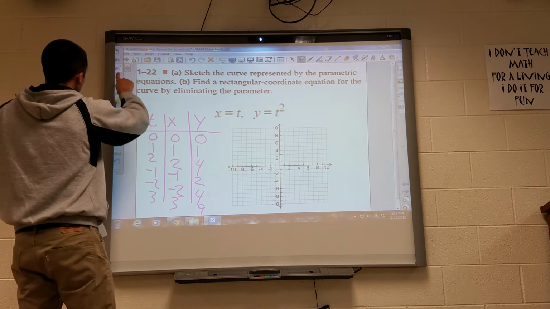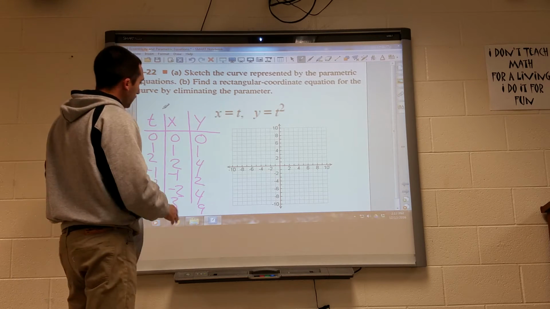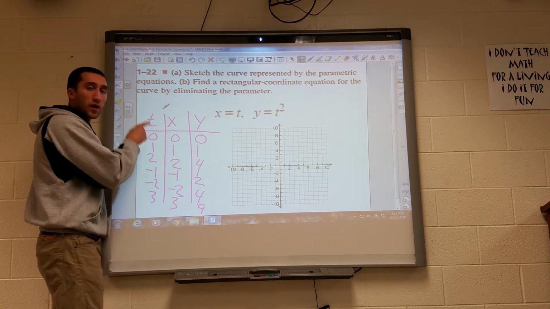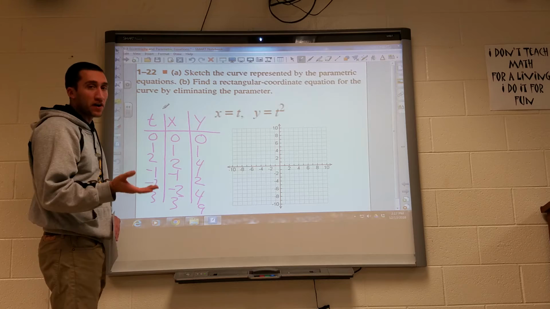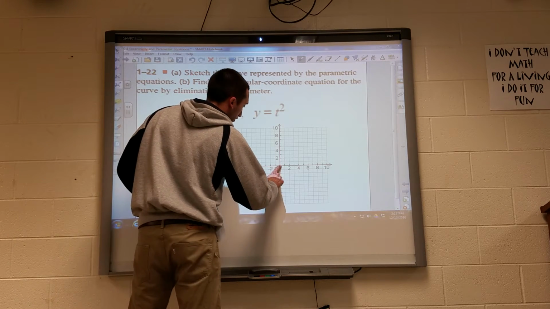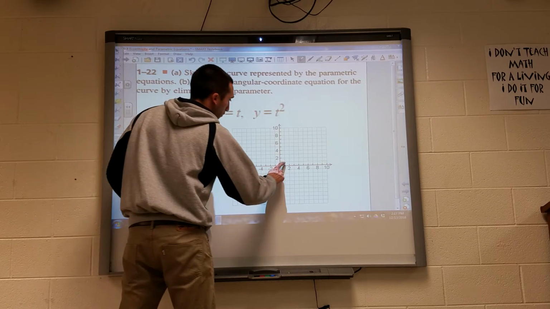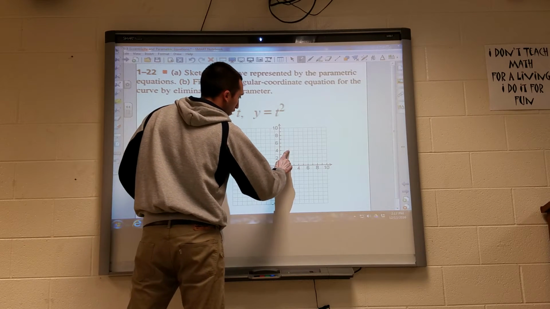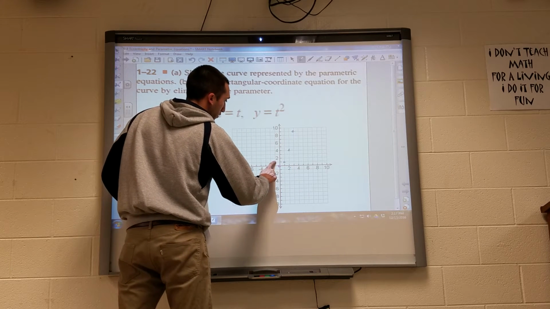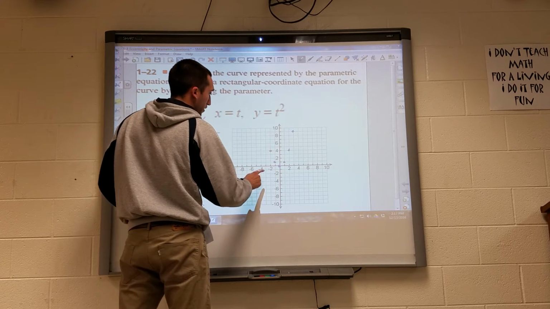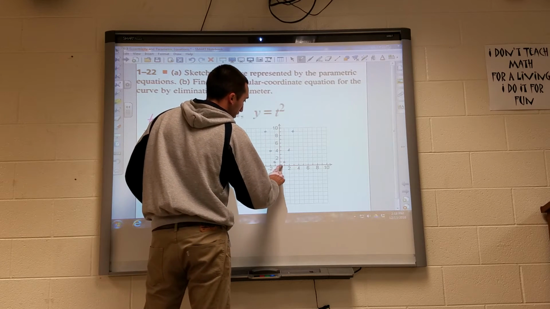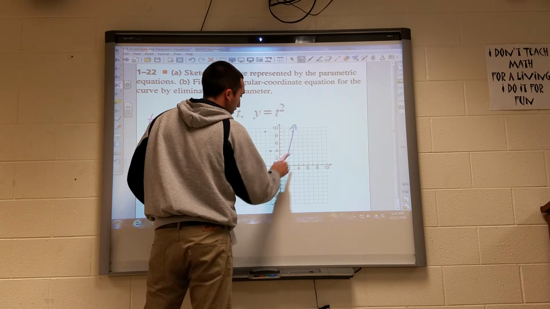Now I'm just worried about plotting the xy points, because t is my parameter, the third variable. So we get 0, 0, 1, 1, 2, 4, and 3, 9, and negative 1, 1, negative 2, 4, and if you plugged negative 3 in, you'd get negative 3, 9. So we can see the graph that's happening here.